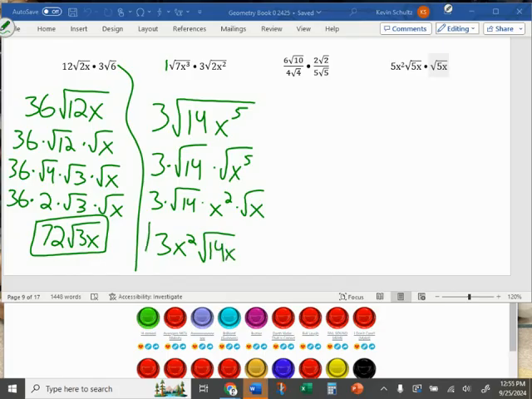Luca, back to your question about why you might need to care about this. The only POs of this unit are the first objective and the last one. PO61, the simplifying one, because we will use that in geometry when we talk about 45-45-90 and 30-60-90 triangles. And then solving an equation involving a radical.